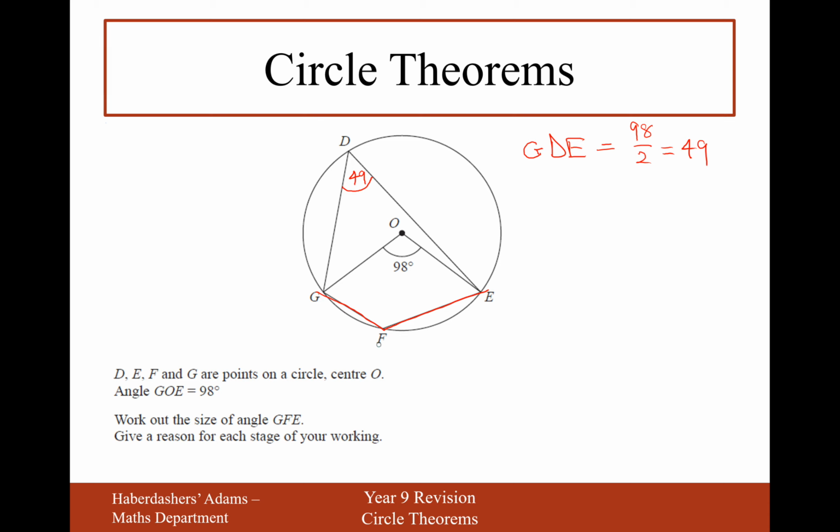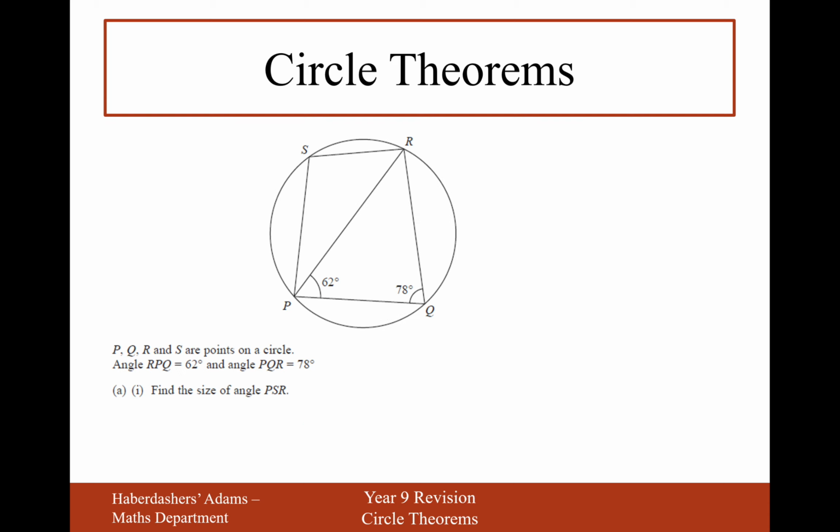Now I can use the quadrilateral theorem where the opposite angles inside a quadrilateral add together to make 180. So angle GFE will equal 180 minus 49. Okay, well let's take away 50 and add on 1. 130, add on the 1 again. 131 degrees is your answer. So this angle here is 131.